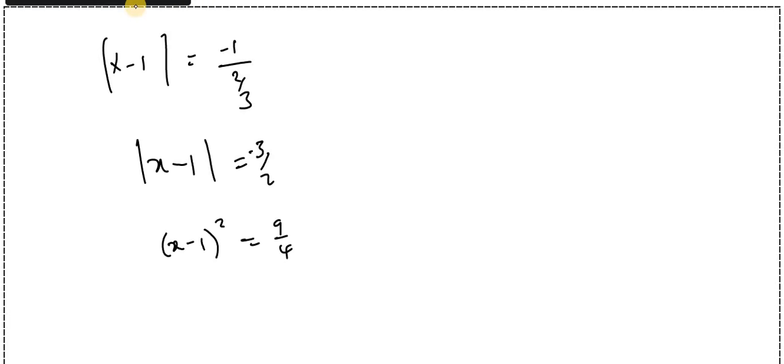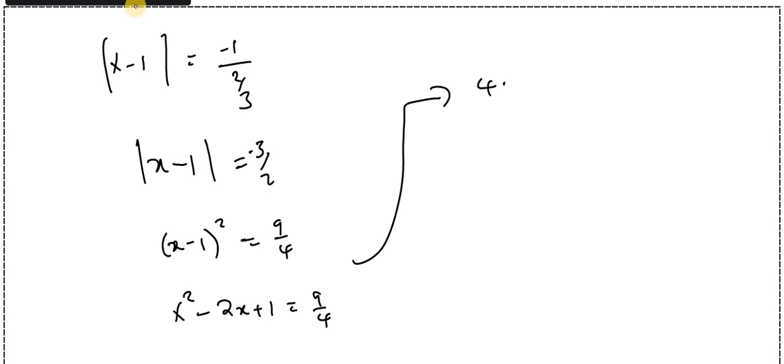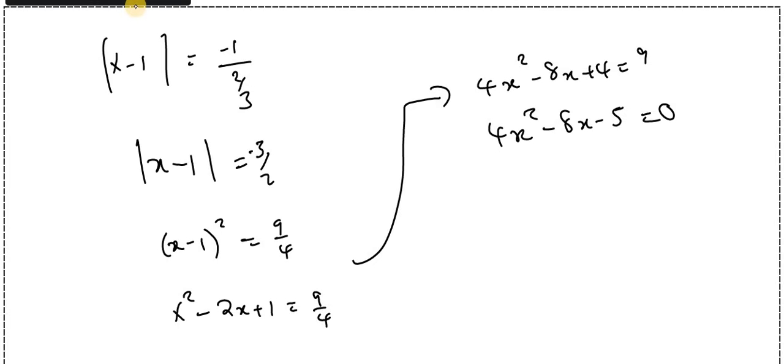This is going to be x squared minus 2x plus 1 is 9/4. We can multiply by 4 throughout. So this becomes 4x squared minus 8x plus 4 is equal to 9. This is just going to be a negative 5 is equal to that. Then the product here is negative 20, and the sum here is negative 8. What factors can we use?